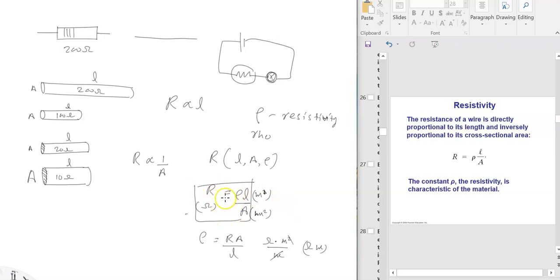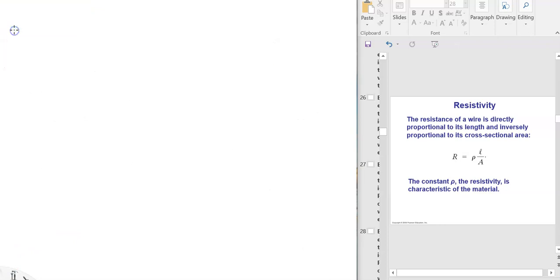Let's get into some example problems. Okay, so let me clear the page. Alright, so what kind of examples? Let's say we have a piece of copper, a wire made out of copper.